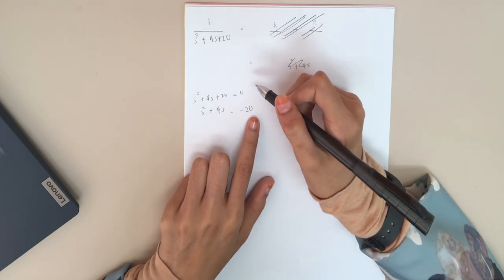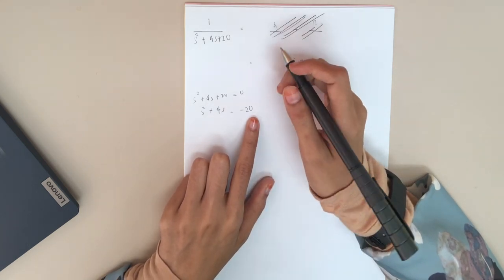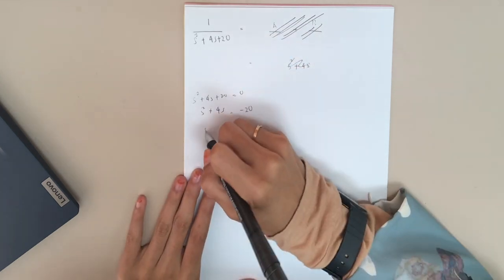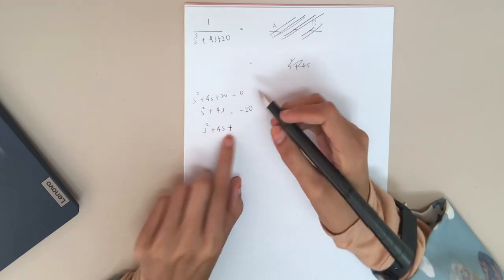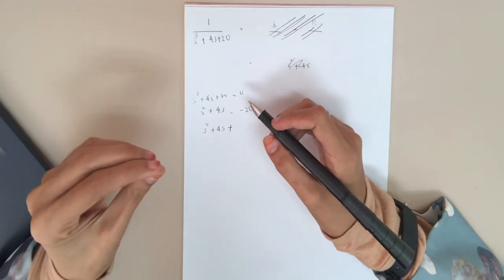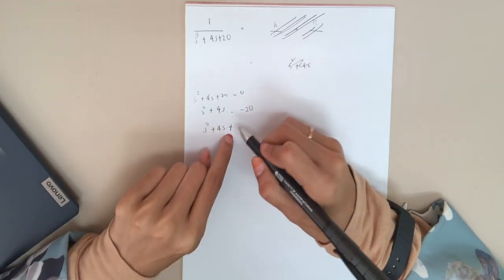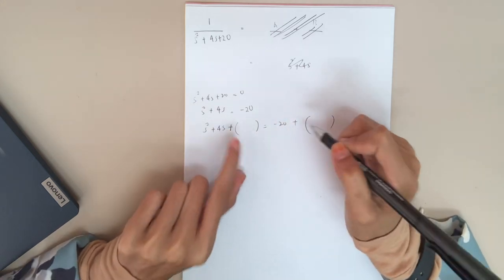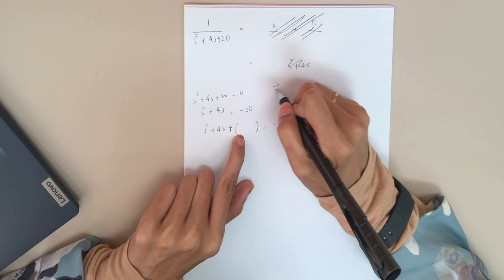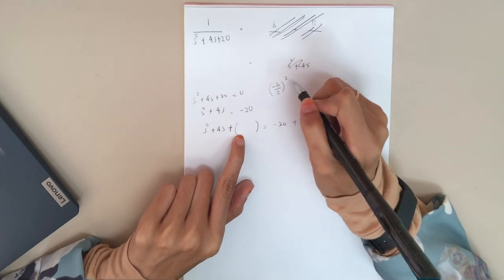Then you need to add to s square plus 4s the term negative b over 2 square.